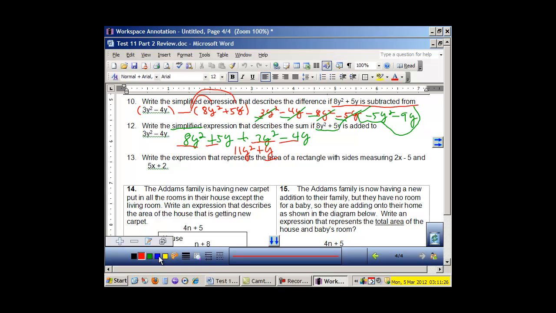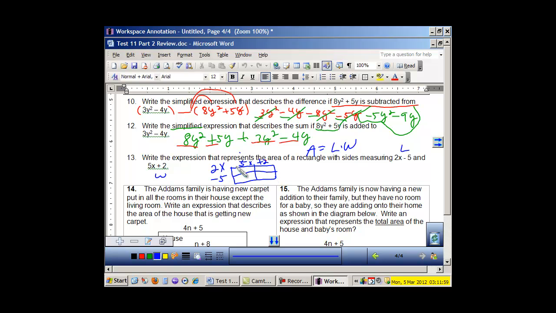All right, let's go down here and do the area of a rectangle. Well, an area of a rectangle is nothing more but A equals length times width. So this is my length, that's my width. So that means I'm going to do a box, right? So I got 2x minus 5 on the rows, and on top I've got 5x plus 2. And all I'm going to do is box it up and work it.